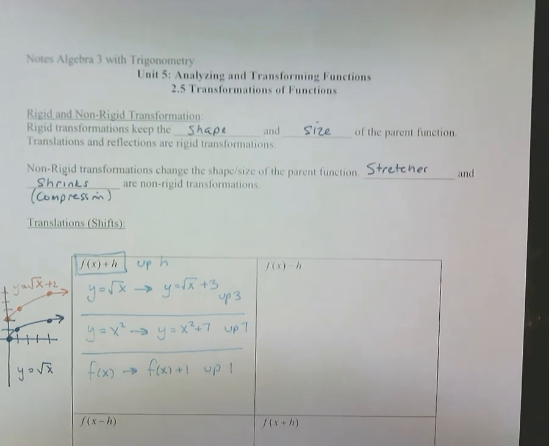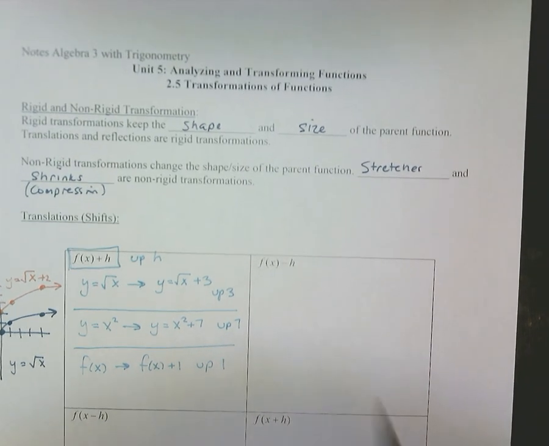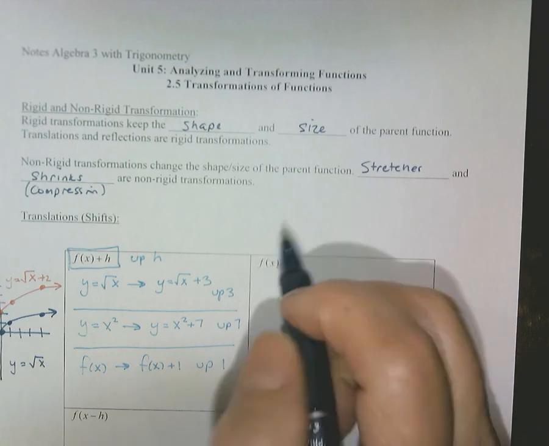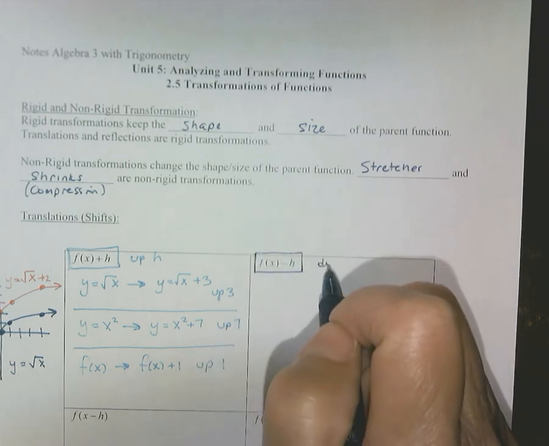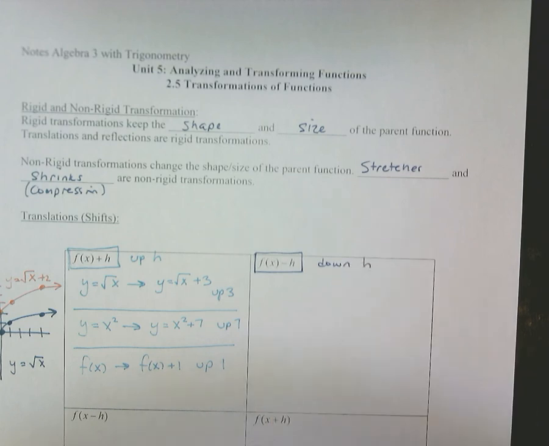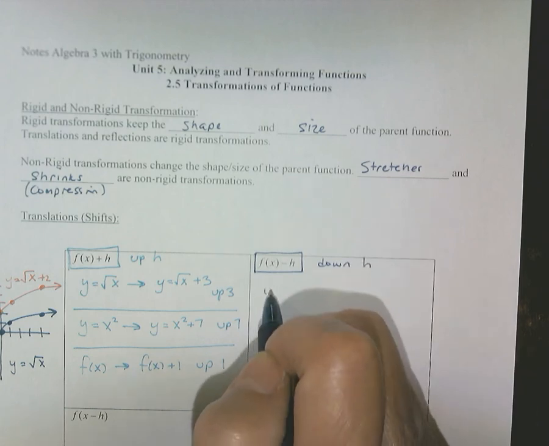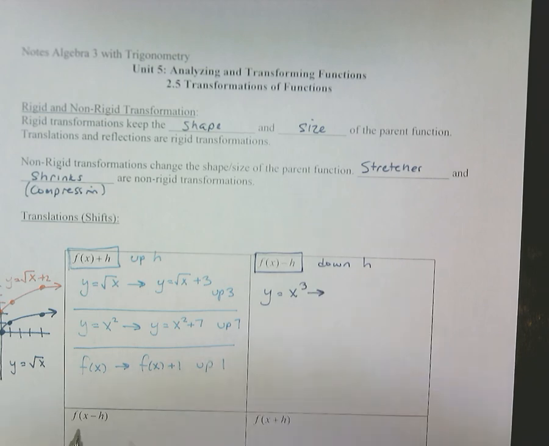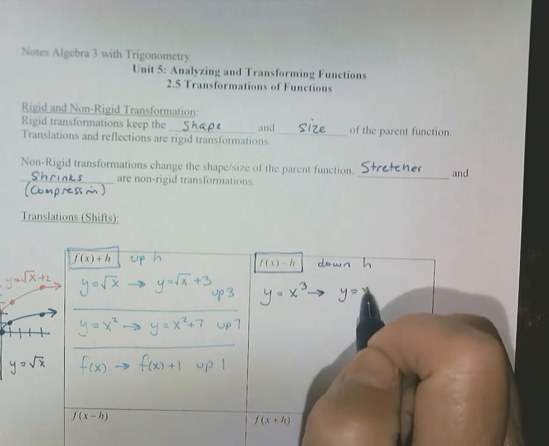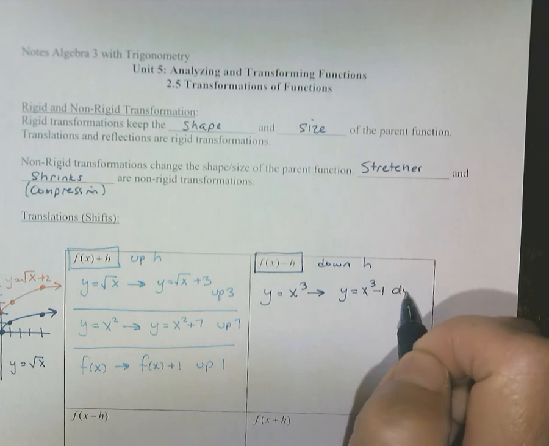If I had f of x minus h, so I have this function, this is going to go down h units. So if I had y equals x cubed transformed into y equals x cubed minus 1, this goes down 1.